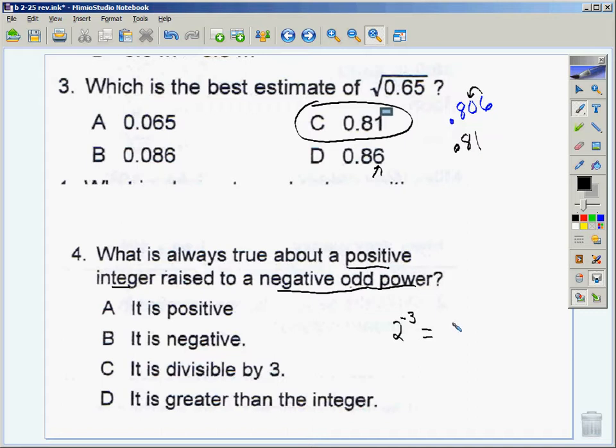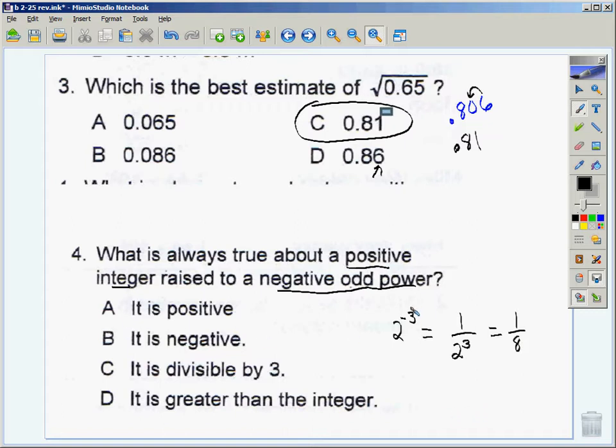You're going to put it in the denominator in order to change its sign to a positive. We don't leave negative exponents unless we're talking about scientific notation. This is the same as 1 over 8.